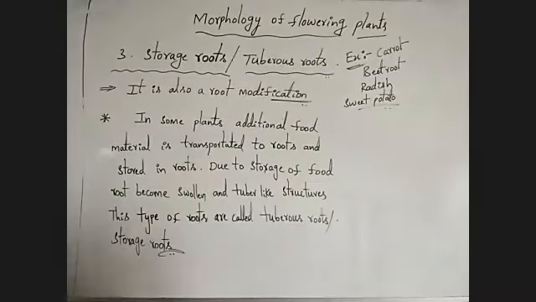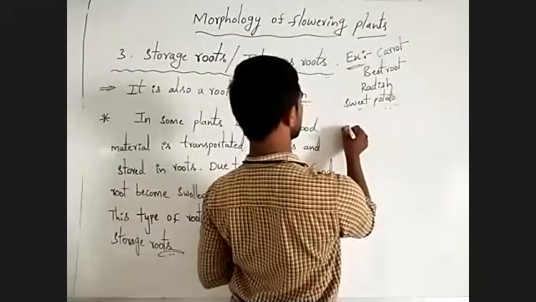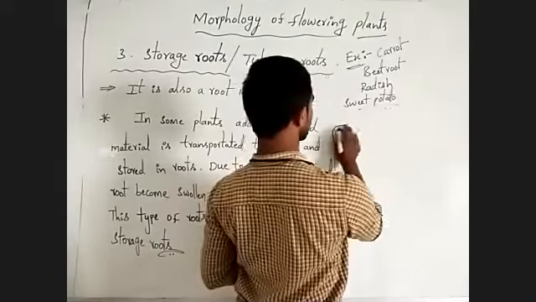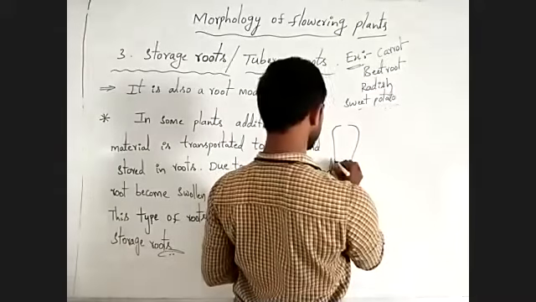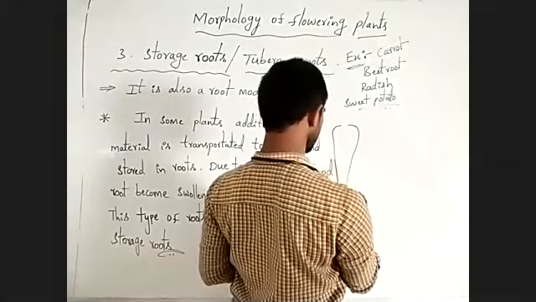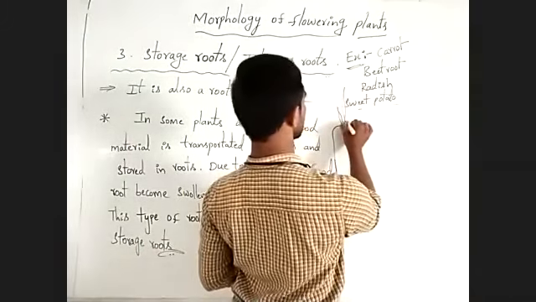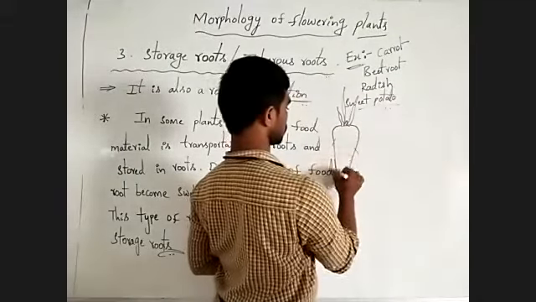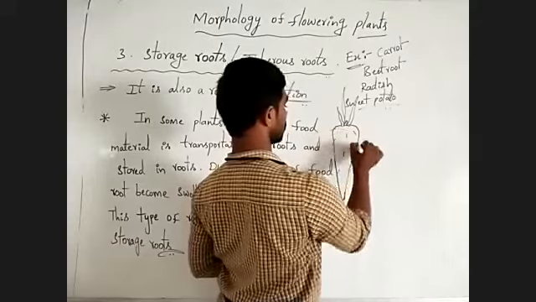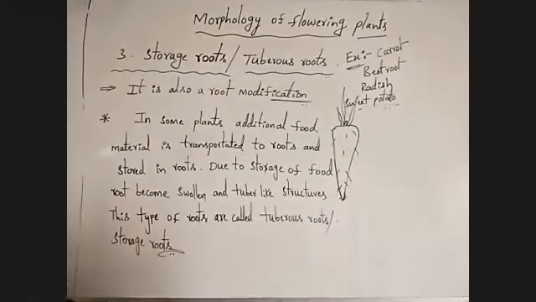These are the examples for this. We can observe beetroot, we can observe carrot. It has a cone shaped structure. Observe tuberous carrot.